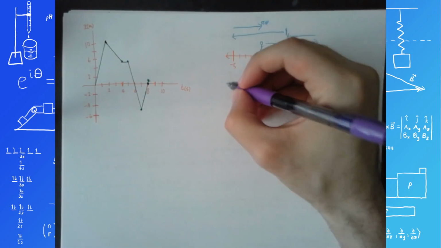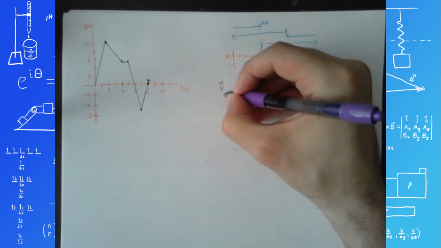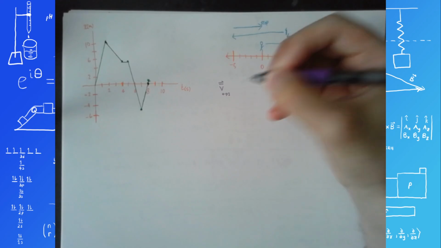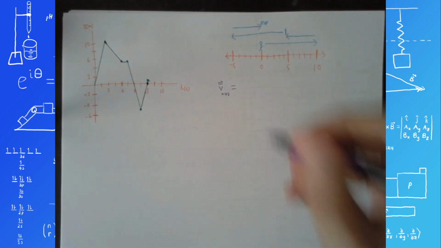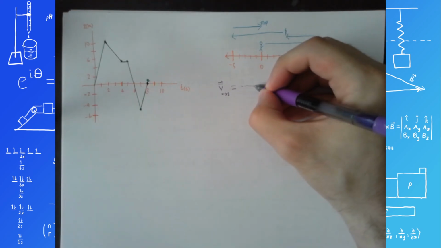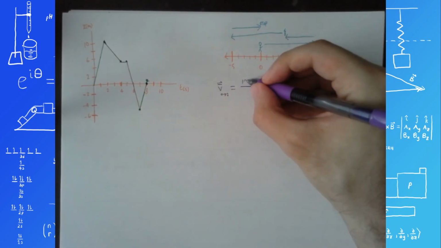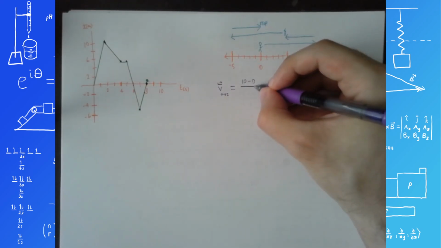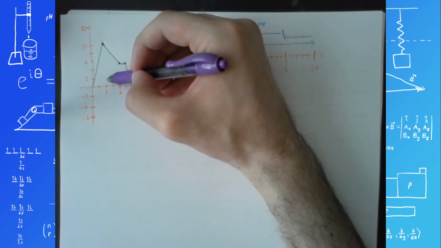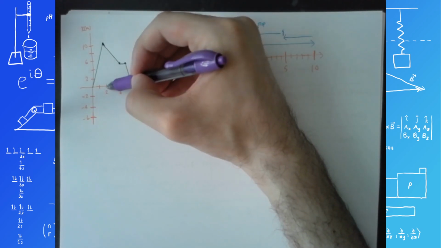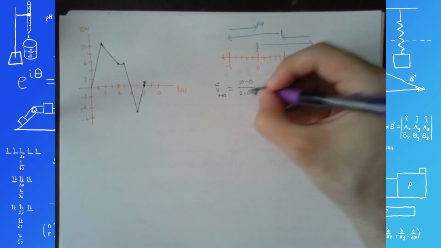So it says, what's the average velocity from 0 to 2 seconds? Okay, change in position. So position final minus position initial. Position final was 10 minus position initial is 0 over change in time. Time final was 2 seconds and time initial was 0 seconds. 2 minus 0.